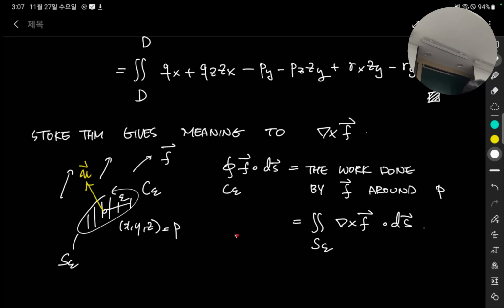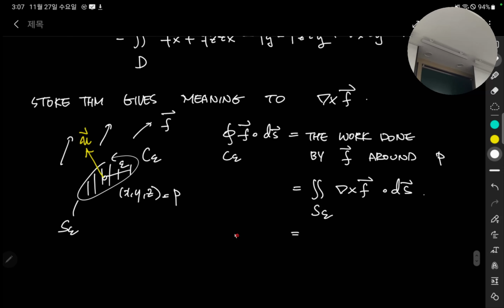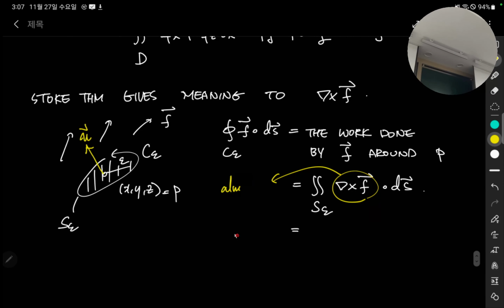Since I'm saying it's small, I can imagine that this is almost constant. Because epsilon is very small, this double inequality means that it's way smaller than 1, so it's almost 0.